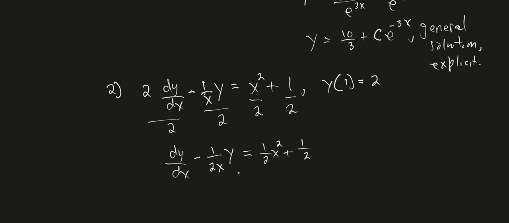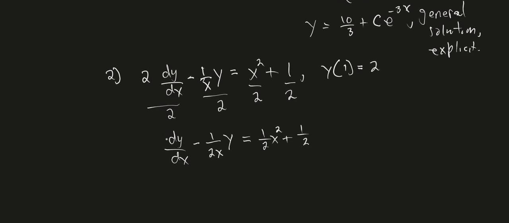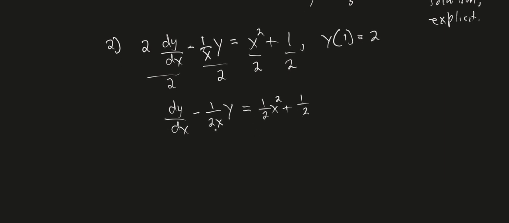So now we can say that this is in standard form, and I can identify my p as negative 1 over 2x. So now both my p and q are not constants, but it's still linear in that standard form. So I can identify my p of x as negative 1 over 2x.